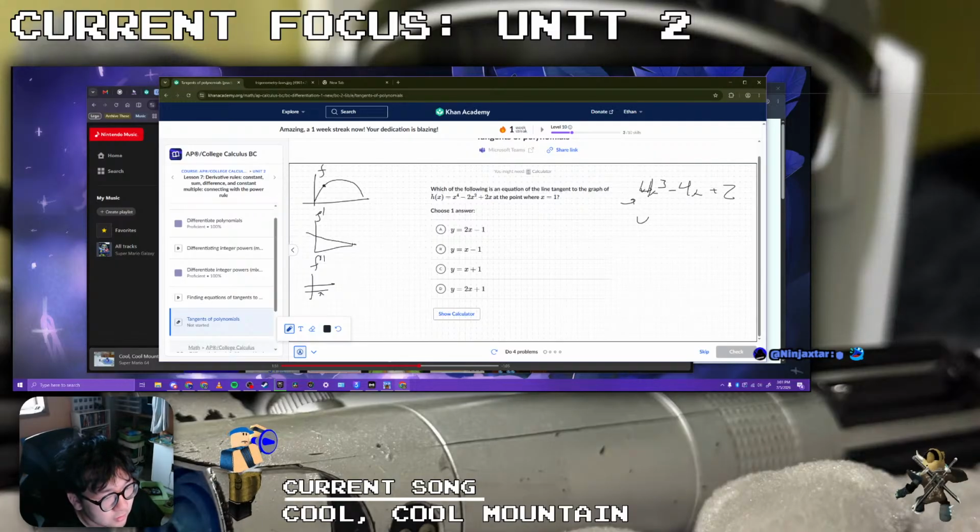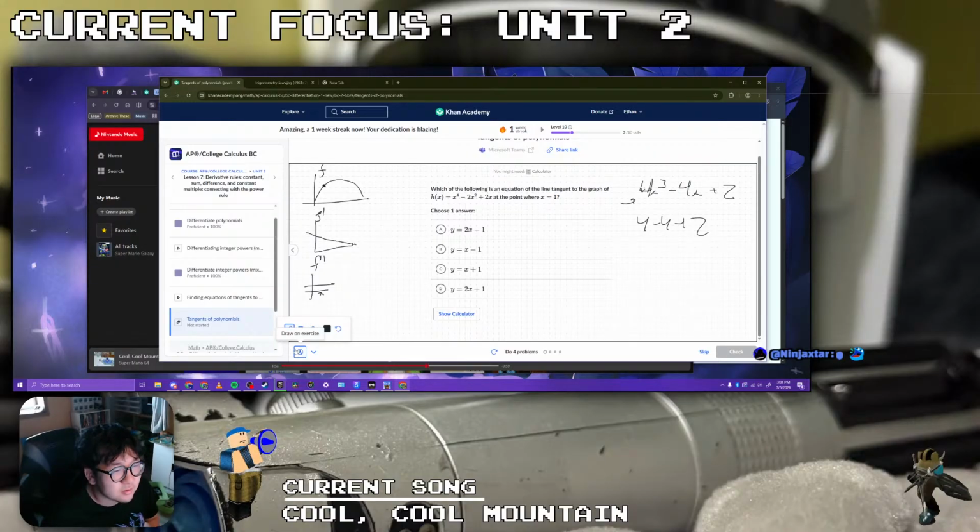We plug in 1. This solves for our slope, which is 2.